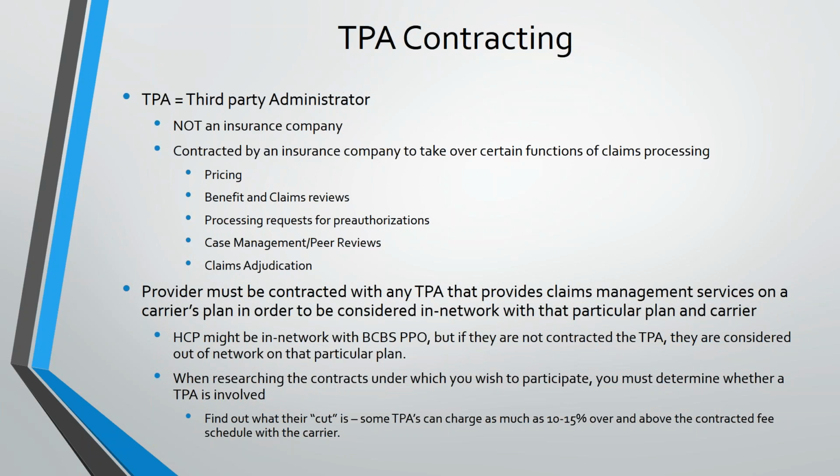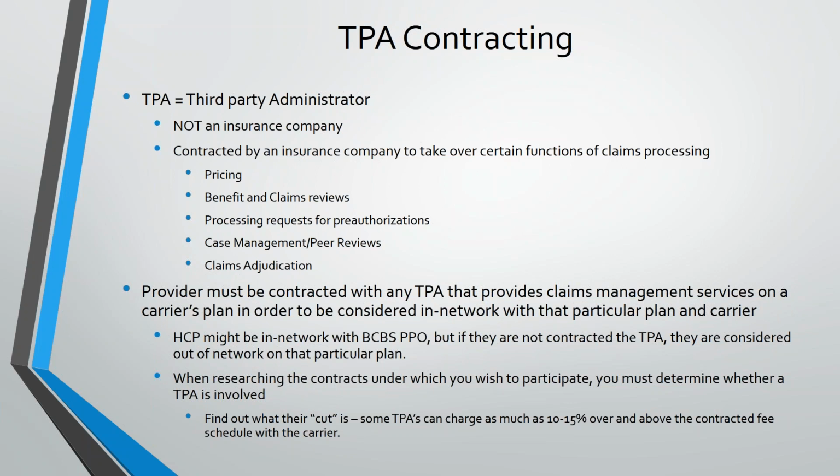So, for example, the healthcare practitioner might be in network with a Blue Cross Blue Shield PPO, but because that PPO is administered through, let's say, a third party, a common one being American Specialty Health Network, which is responsible for administering that particular Blue Cross PPO, if you, as the healthcare practitioner, are not contracted with ASHN, American Specialty Health Network, you will be considered out of network with that Blue Cross plan, even though you originally contracted as an in-network provider. It's crazy, but it's true.